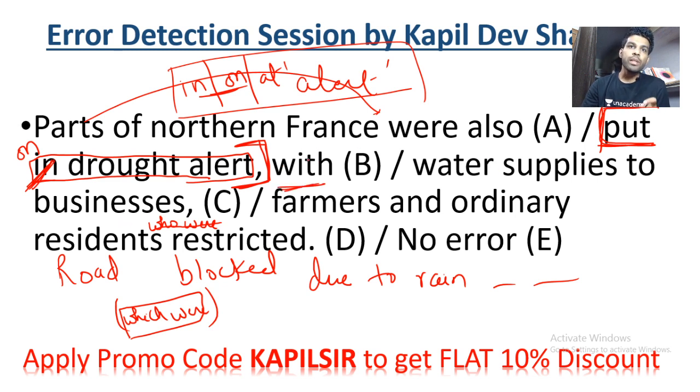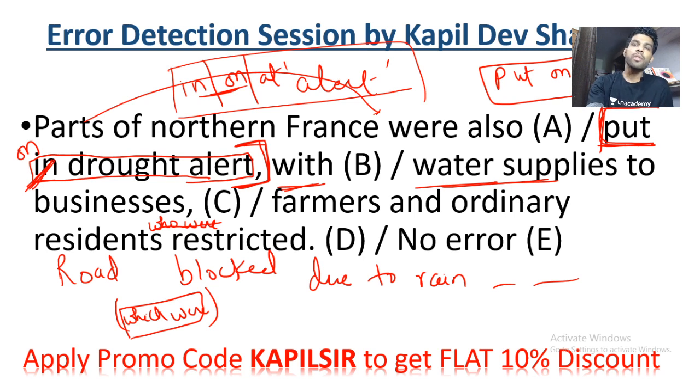I mean to say you are saying that with this term up to that term. Those who have objections about with, just listen to me. Shubham and everyone who is not able to get this, the correct version is put on alert. The phrase needed to make this correct is put on alert, please.